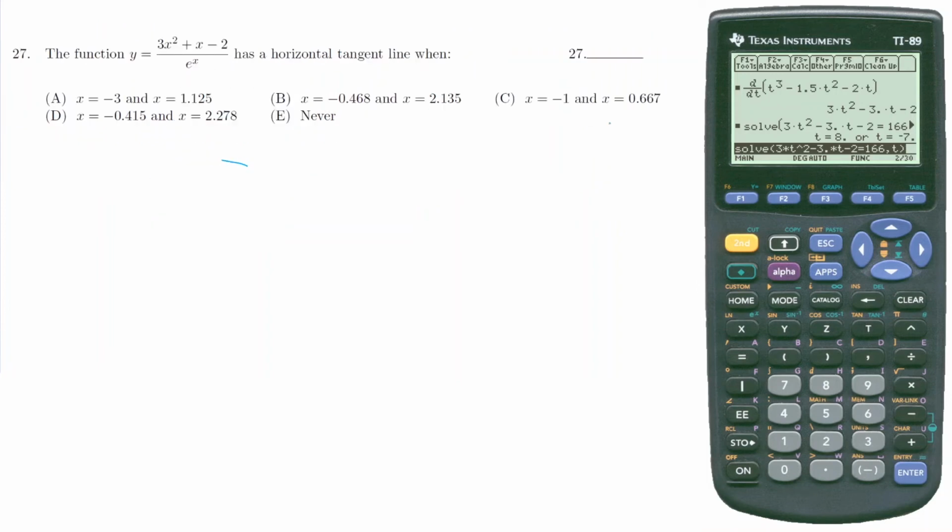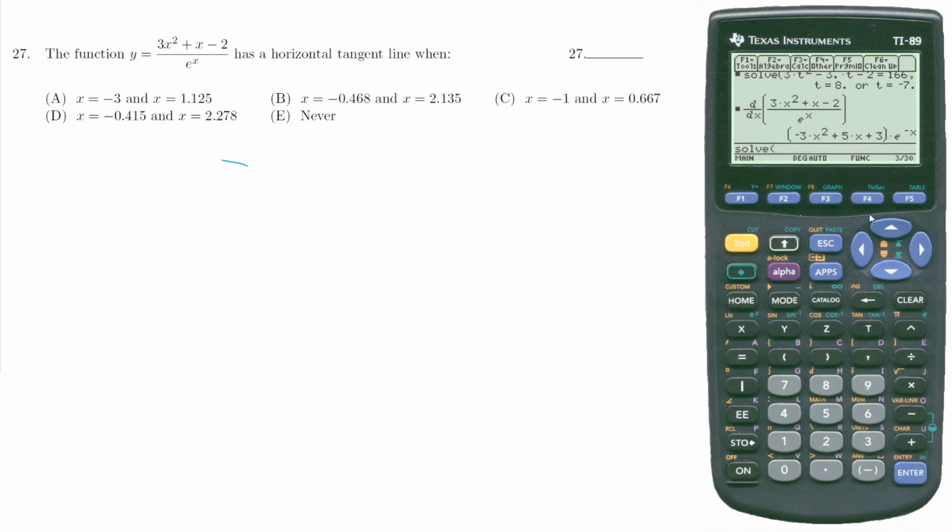Next, the function has a horizontal tangent line. Horizontal tangent lines means we have to find the first derivative. In order for us to find the first derivative, we just do this: 3x squared plus x minus 2 all over e to the x, comma x. Let's do this, and then we set that equal to 0.